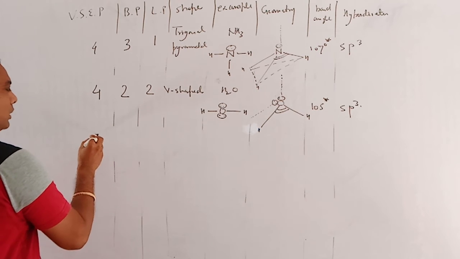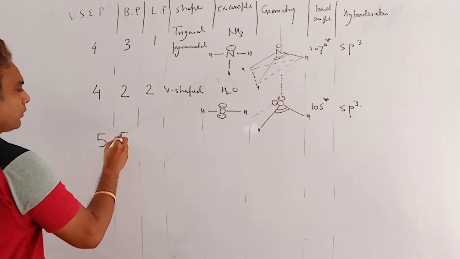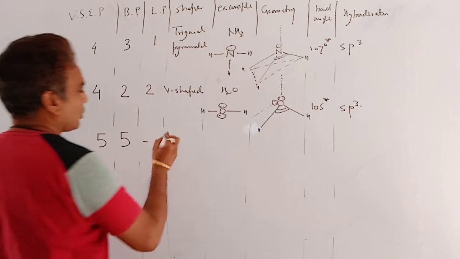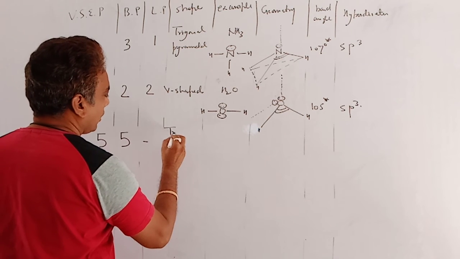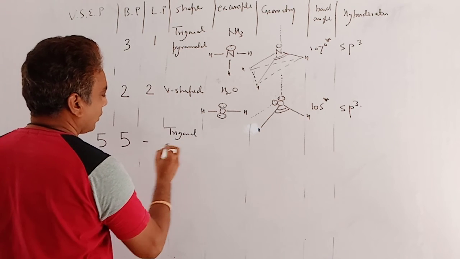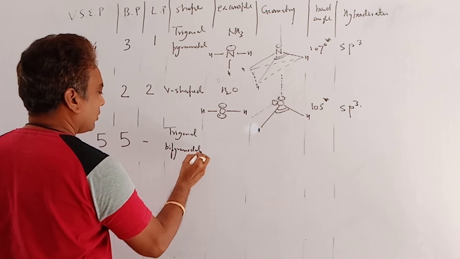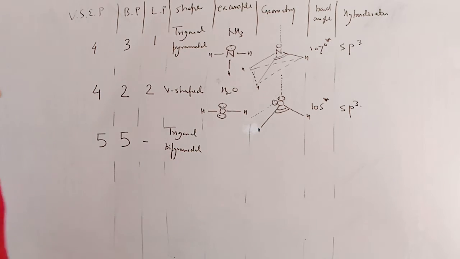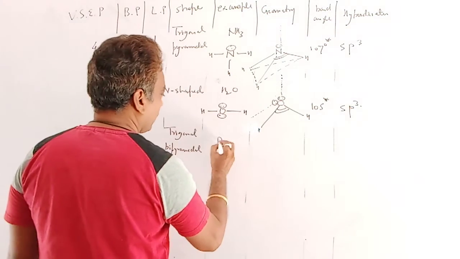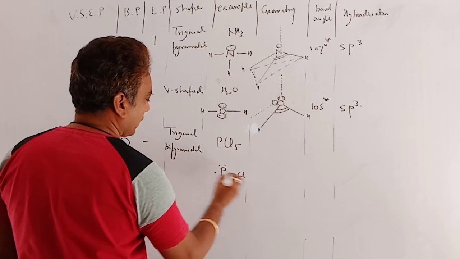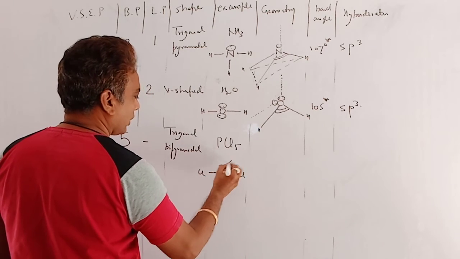Now next case, if we have 5 VSEP, all 5 are bond pair without any lone pair, so shape will be trigonal bipyramidal. Clear? Example is PCl5. Phosphorus contains 5 electrons and all 5 are shared with chlorine like this.